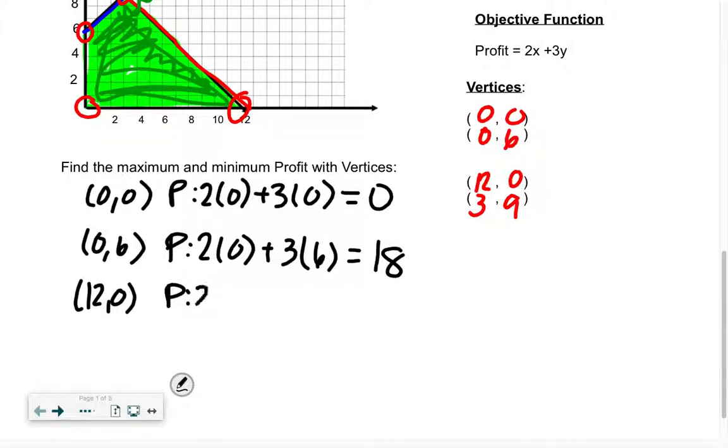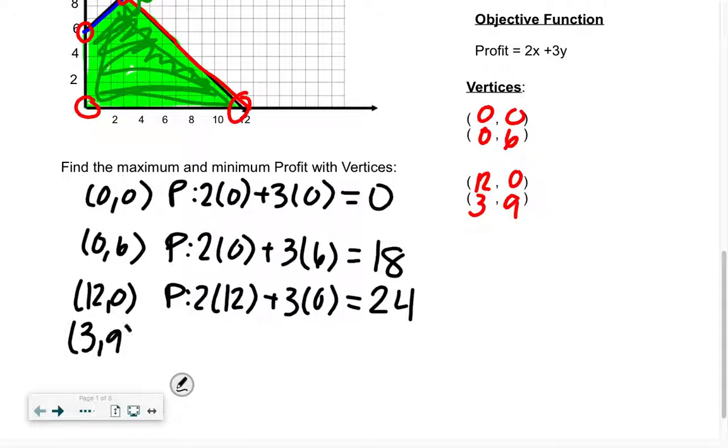Again, same profit function. 2 times 12 plus 3 times 0 gives me $24. And the last vertex is 3, 9, where my profit is 2 times 3 plus 3 times 9, which gives me $33.